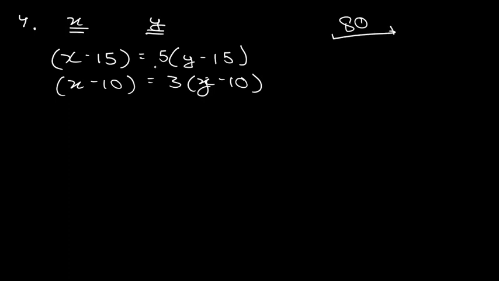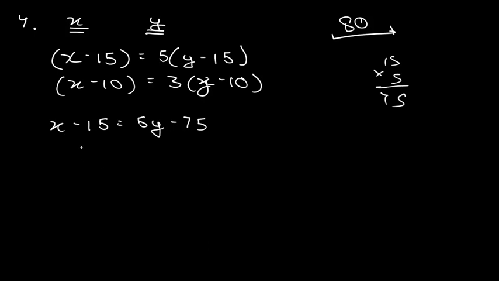Now here comes the answer. First we should simplify these equations. On simplification, we get x minus 15 equals 5y minus 75, since 15 into 5 is 75.